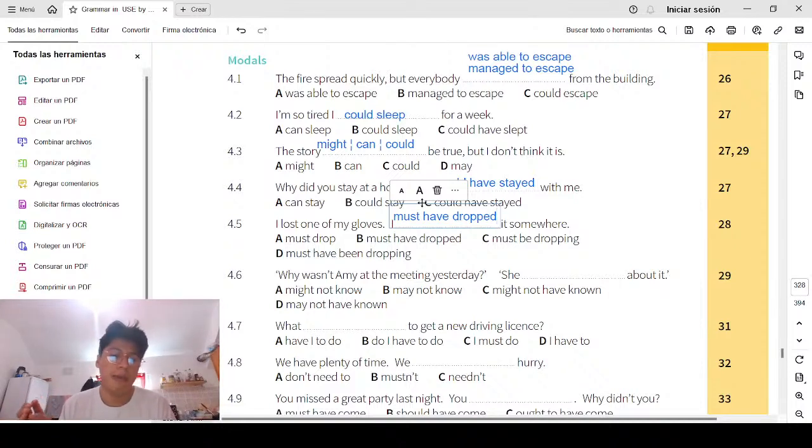Must is for when you want to suppose, when you want to deduce, when you want to guess something. But we are talking about the past, right? I lost. So when we want to talk about the past with a modal, we have to use have plus a past participle. In this case, I must have dropped it somewhere, right?